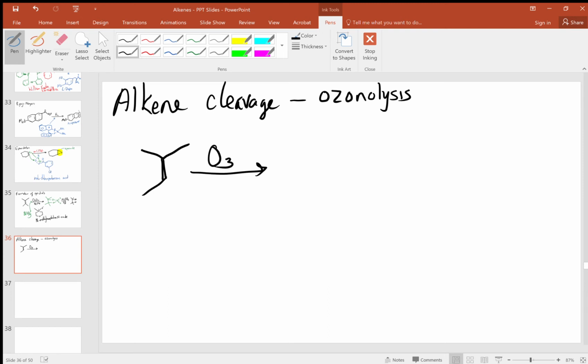One of the neat things about this reaction is it's really, really easy to monitor. Ozone, O3, is blue, and as soon as you add it into your reaction mixture, it'll react with the alkene and the blue color goes away. So as soon as that blue color stays, you know that your reaction is complete.